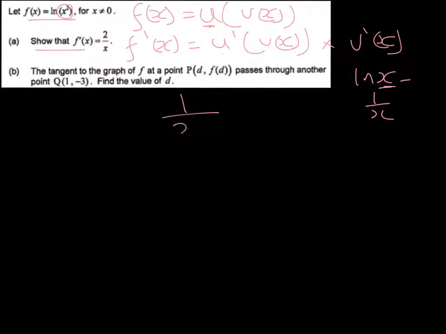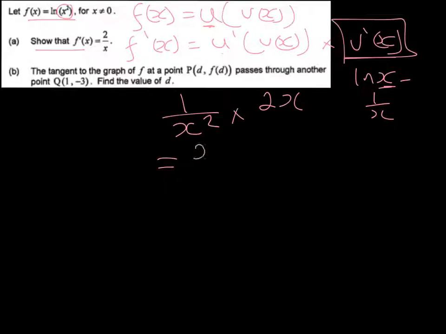So v of x here is x squared. And then we would multiply it by the derivative of what's inside the brackets, or the second function here, which is x squared. So we would take the derivative of x squared, which is 2x, and we would multiply those out, and we should be able to see that that simplifies just to 2 over x.